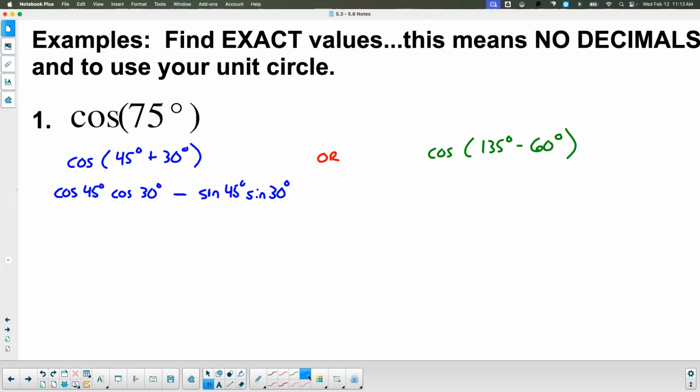What is the cosine at 45 degrees? Square root 2 over 2. What is the cosine at 30 degrees? Square root 3 over 2. What is the sine at 45 degrees?